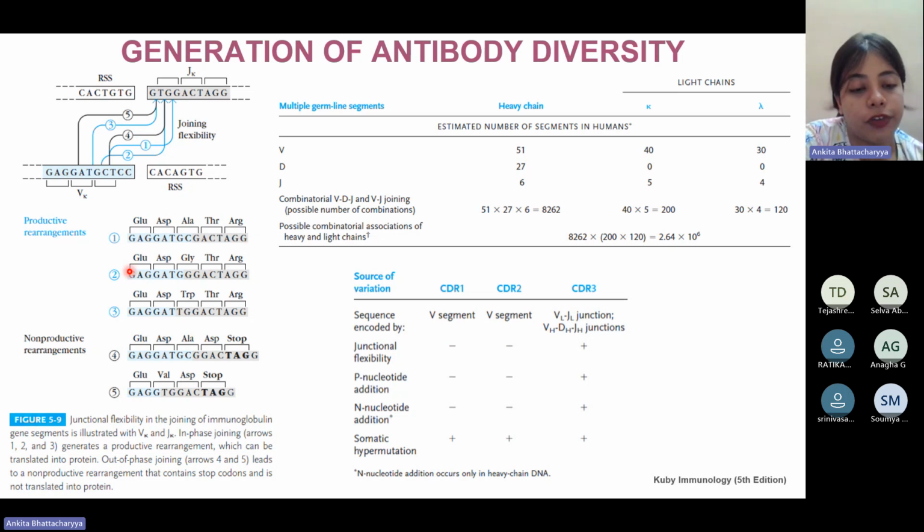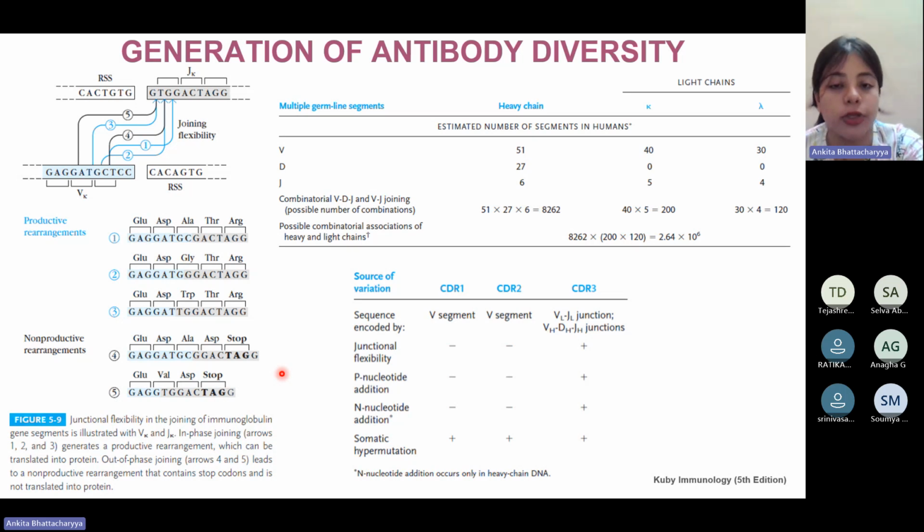On the other hand, if it leads to the generation of stop codons, then while the rearrangement was initially supposed to be helpful and bring more helpful antibodies into circulation, instead the sudden appearance of a stop codon is leading to the production of a truncated or partial protein.